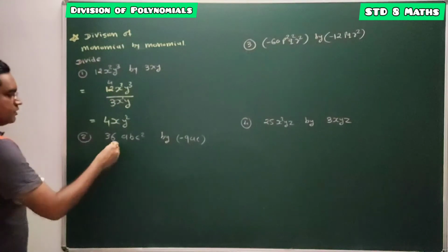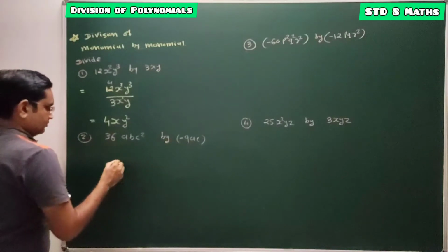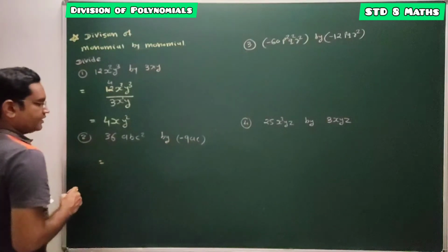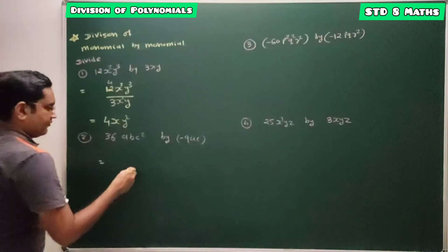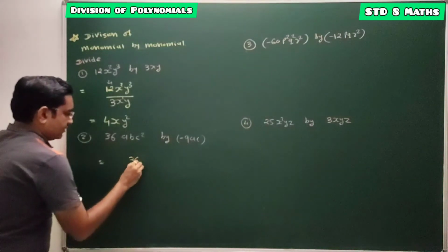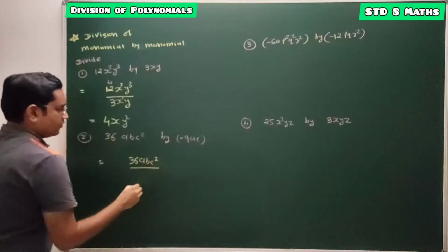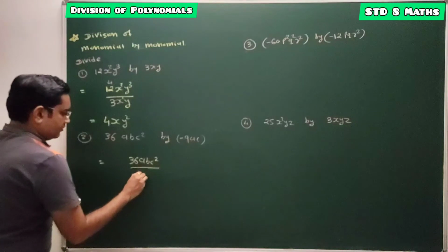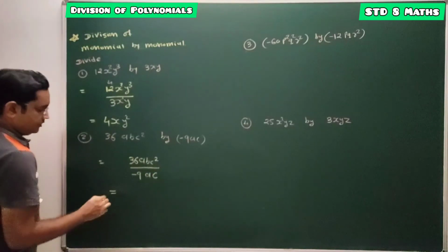Here 36ab square c square by minus 9ac. First you have to write this monomial in numerator by denominator form. So it will be 36ab square c square upon minus 9ac.